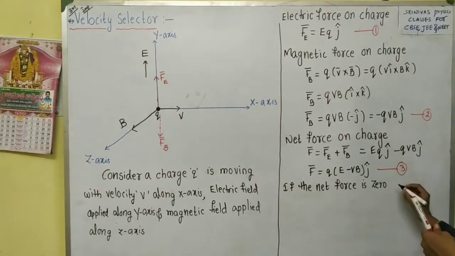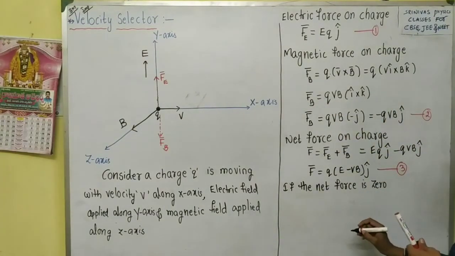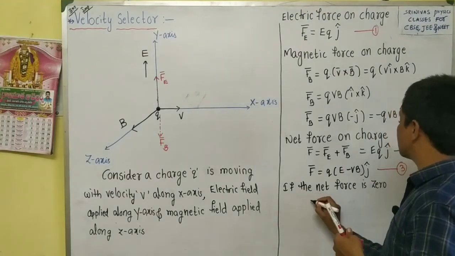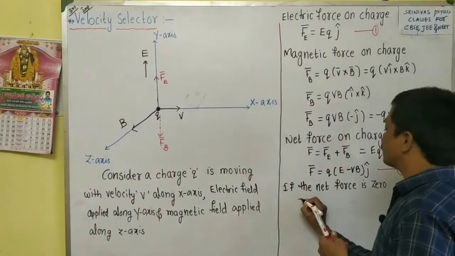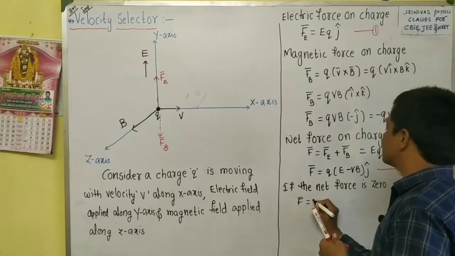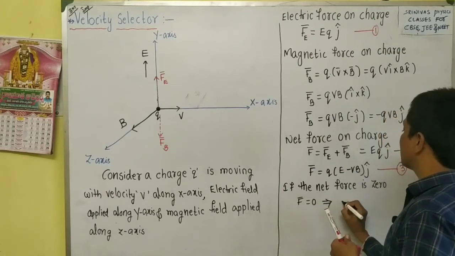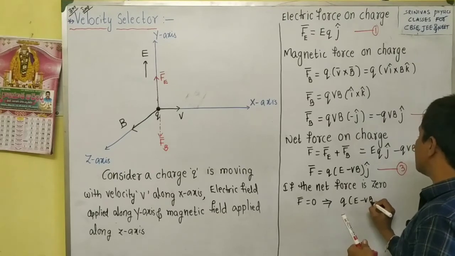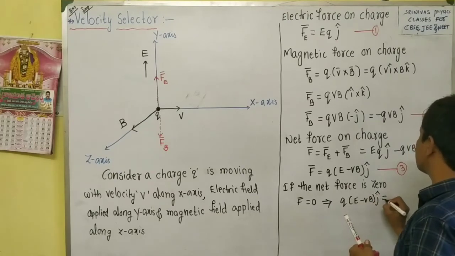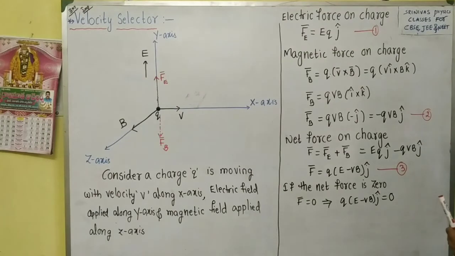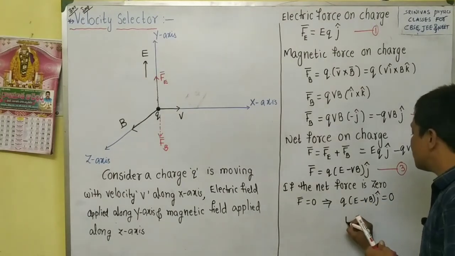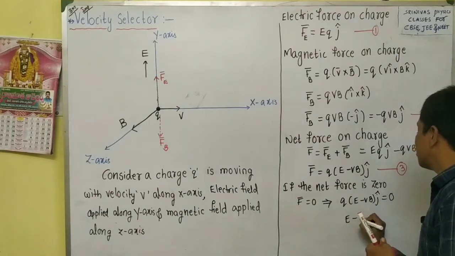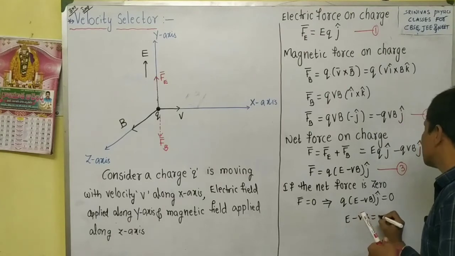Let us take the net force as 0. If the net force is 0, we write Q into E minus VB J cap also becomes 0. Then from this, E minus VB is 0.